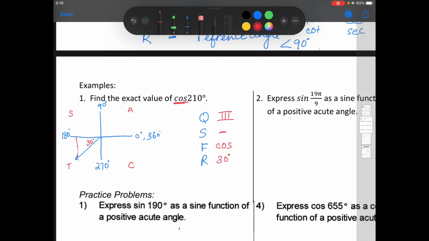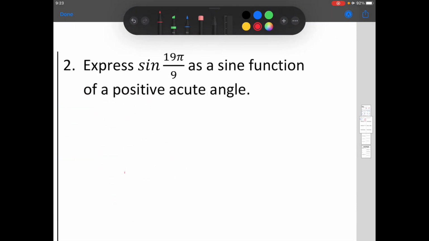So what is negative cosine of 30? Negative cosine of 30 degrees is the same thing as cosine of 210, and cosine of 30 is root 3 over 2. So the exact value is negative root 3 over 2.